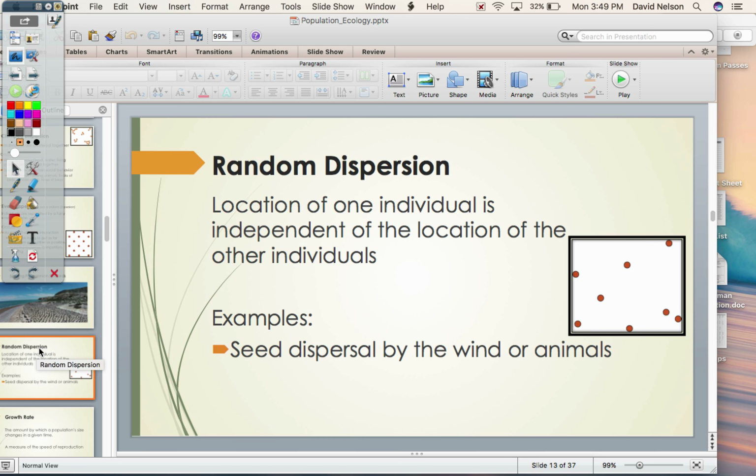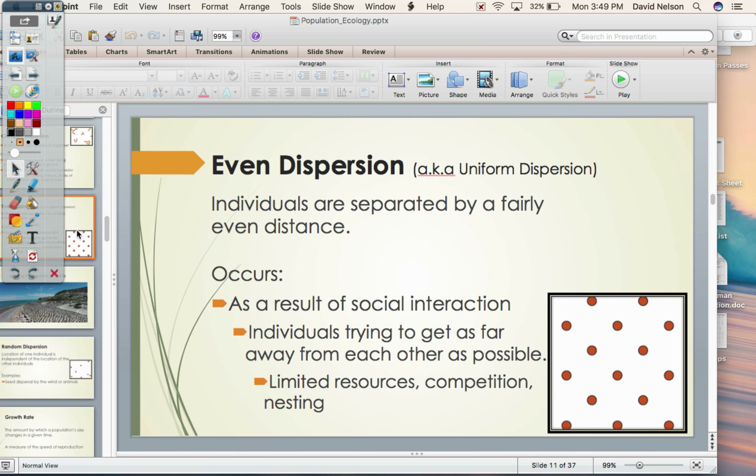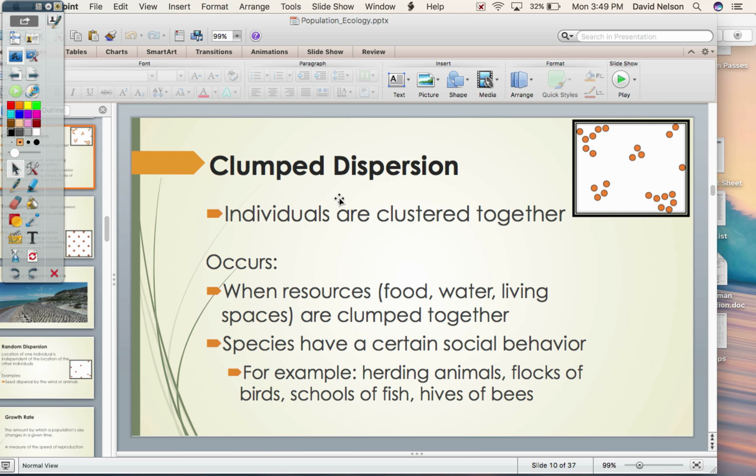Finally, we have random dispersion, and this means that each individual is in a location that's independent of the location of other individuals. So like with even dispersion and clump dispersion, each of these individuals are dependent on other organisms to know where they're going to be.